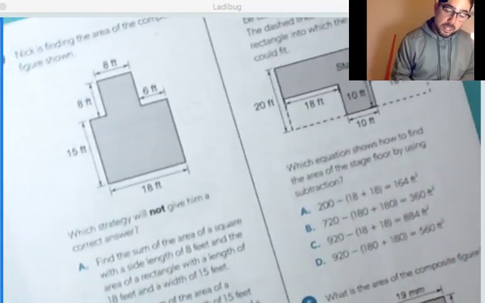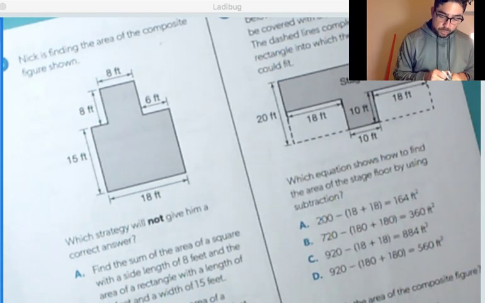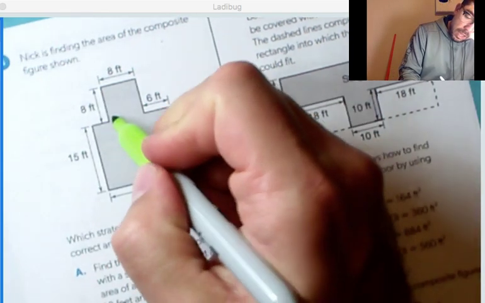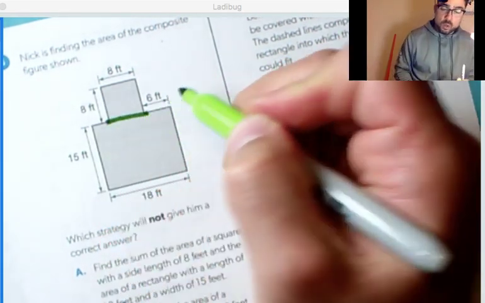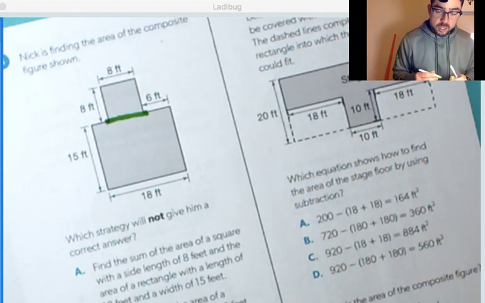Here, Nick is finding the area of the composite figure shown. So first of all, let's break it down into shapes, right? I have one square and one rectangle. And then from there, we're going to read to see which one of these shows how to find the correct answer.